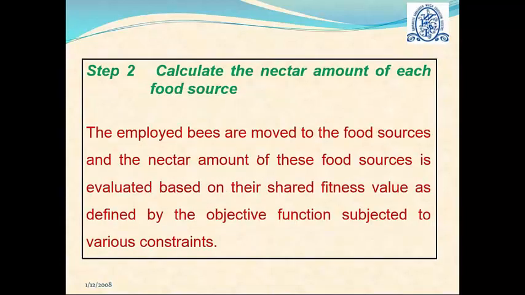Next, we have to calculate the nectar amount of each food source. Here we have to find out how much is the richness of that particular food source. But if you observe, we are discussing the multi-objective method. If it was a single objective method, then in that case we can directly use the value of the objective function.